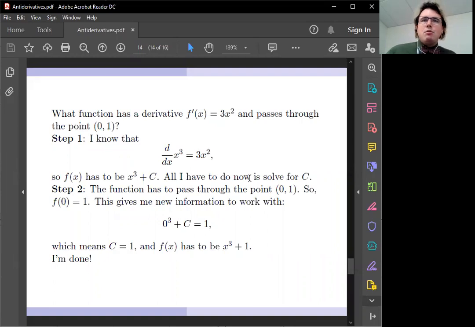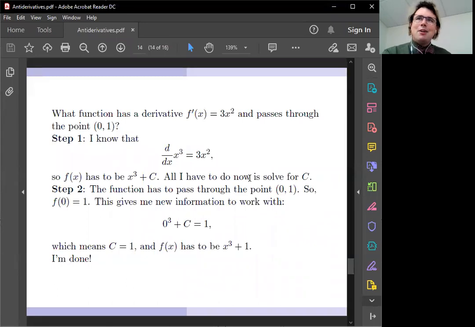So here's my two-step plan for finding a particular antiderivative. I need more information than just the derivative of the function by itself. Derivative of a function has infinitely many antiderivatives.